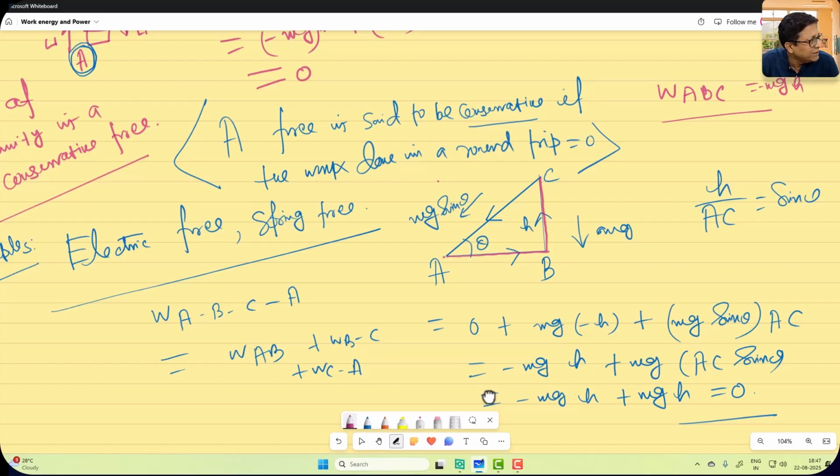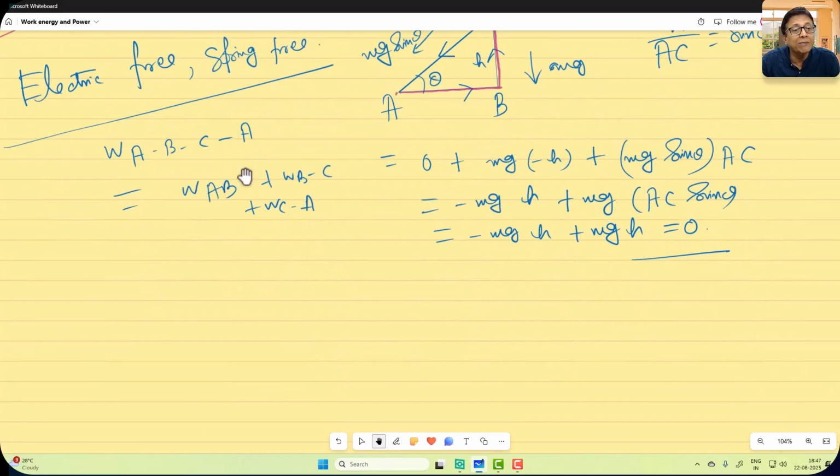They get cancelled. Now suppose you have calculated that work done in the conservative force field from A to B and then some height above, point C, vertically above. Then work done will depend on what? The point A and the vertical height. So in case of conservative force, the net work done in a round trip, this is a round trip, no? ABC a round trip, is 0.